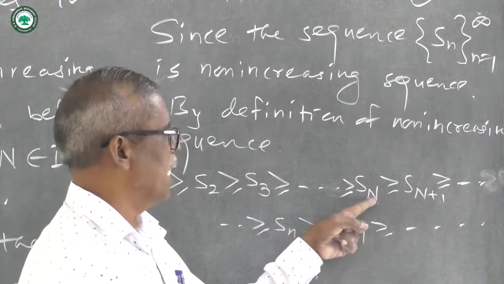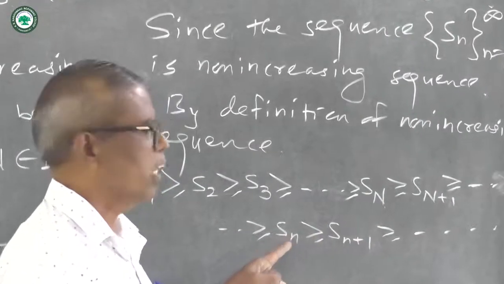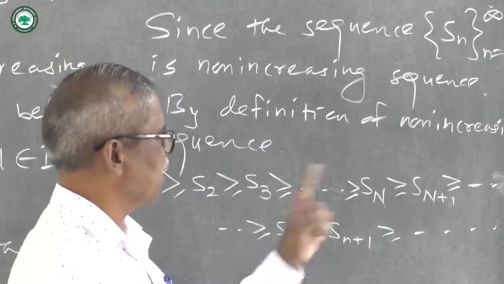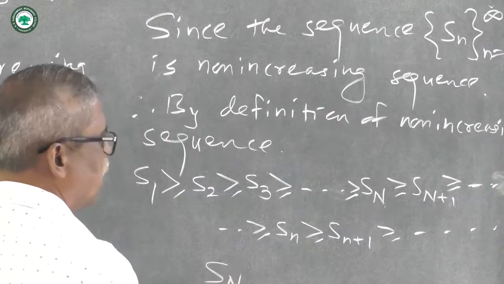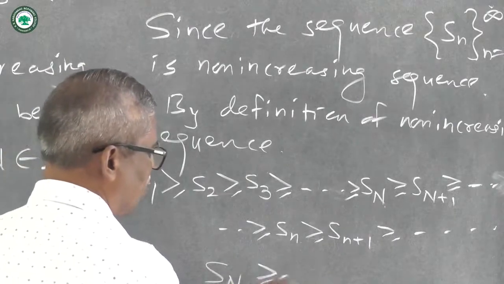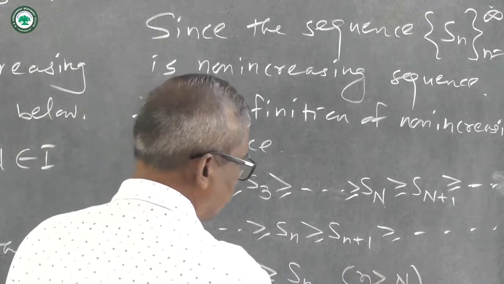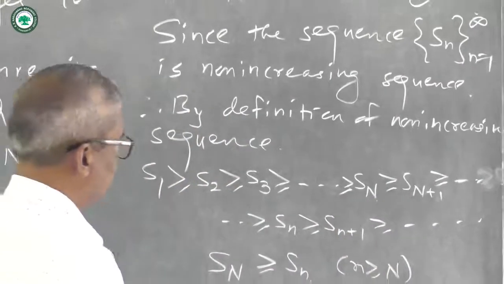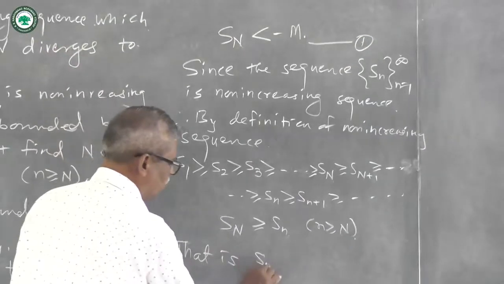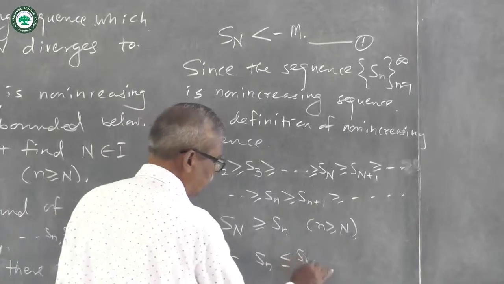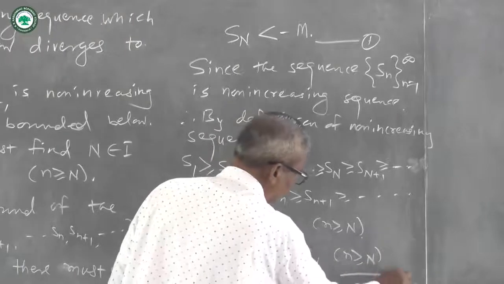Here capital N is smaller than small n, that is, small n is greater than or equal to capital N. S suffix capital N is greater than or equal to S suffix small n for all small n greater than or equal to capital N. That is, S suffix small n is less than or equal to S suffix capital N for all n greater than or equal to capital N. This is say 2.